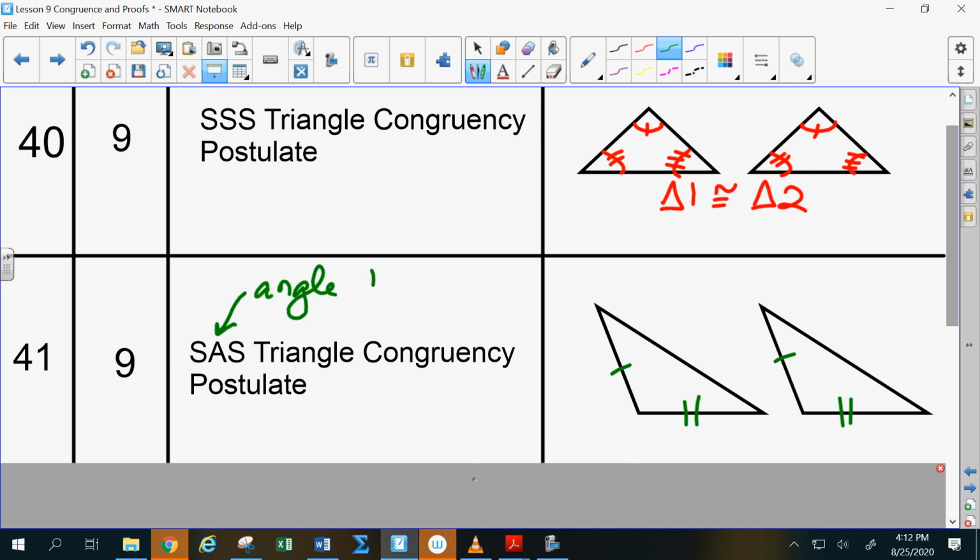A is between the 2 S's. So we would have to know this angle right here. If we know those 3 things match up, that is enough to say that the triangles are congruent, and our reason would be SAS.